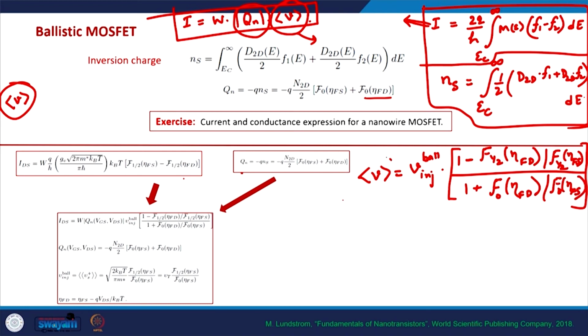So this is the average velocity of the electrons right at the top of the barrier. So this is the barrier in the MOSFET. This is the average velocity of the electrons when a VDS voltage has been applied in the device.